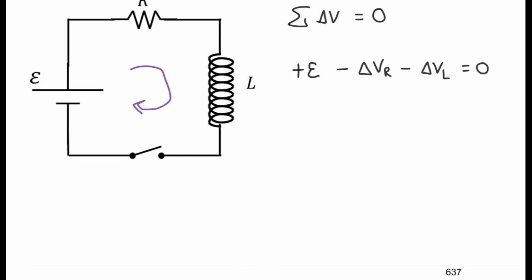Then we'll substitute in expressions for all of these things. So the battery EMF minus, well, delta V across a resistor is IR, just by Ohm's law. And then we'll subtract also the voltage that's dropped across the inductor, which we're just defining as L dI/dt.